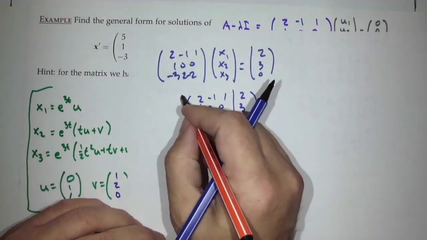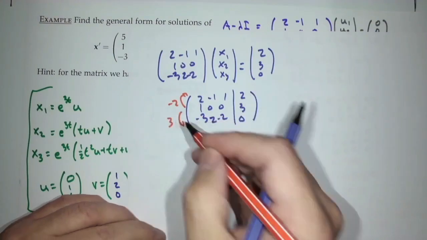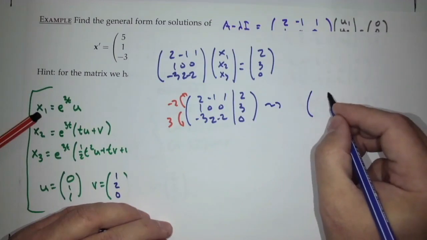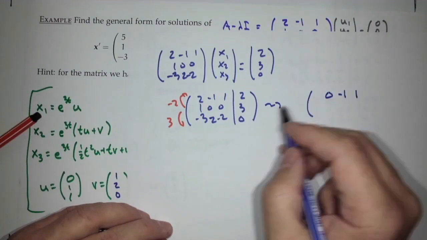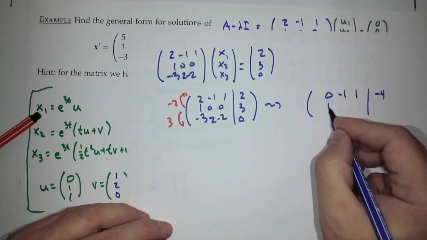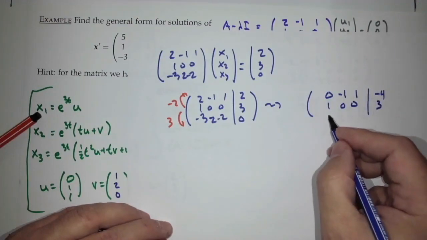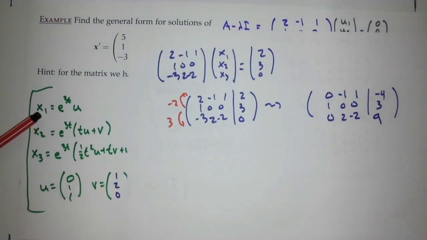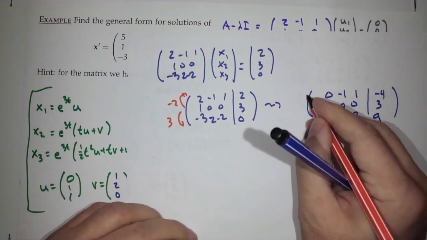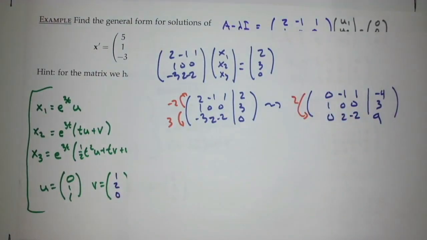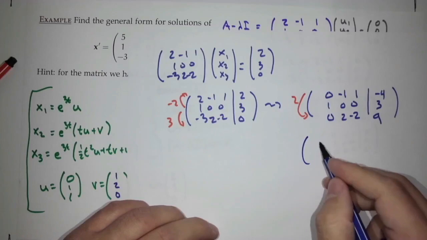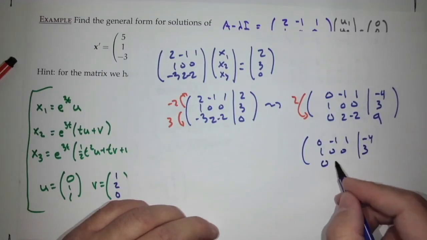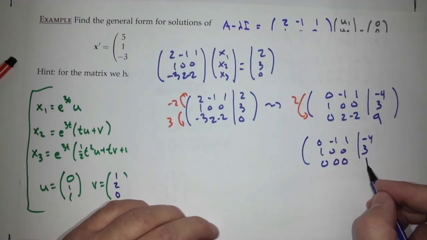We still multiply in the same way, we combine in the same way, and we say, okay, so we're getting 0, minus 1, 1, and then minus 4, 1, 0, 0, 3, downstairs, 0, 2, minus 2, and 9. And now, you multiply by 2 and add down, and we get 0, minus 1, 1, minus 4, 1, 0, 0, 3, 0, 0, 0, 1.